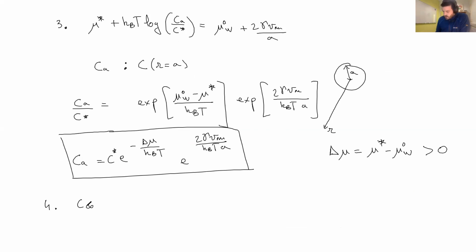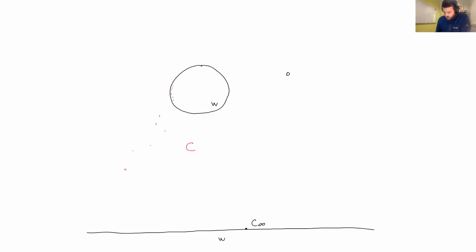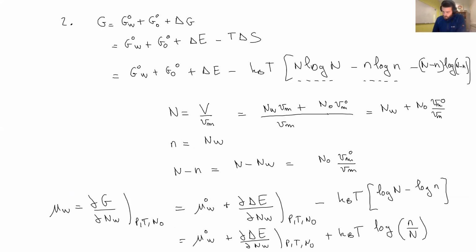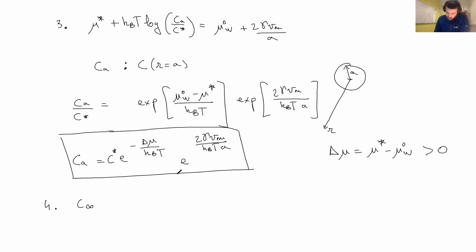So the problem is the same. I could consider this interface as the one where I'm studying the chemical potential balance on the two sides of the interface. It's just that this has really an infinite radius, A. So I can take really the previous expression, but simply say that at infinity, I only have the first contribution, not the second one, because the radius is going to infinity, and thus the exponential becomes 1.